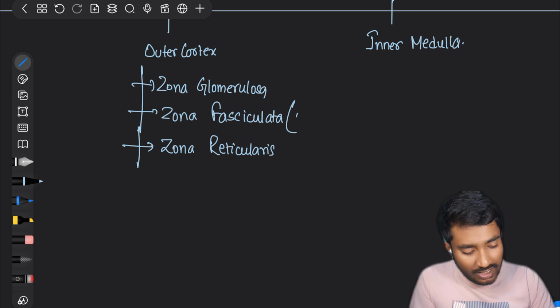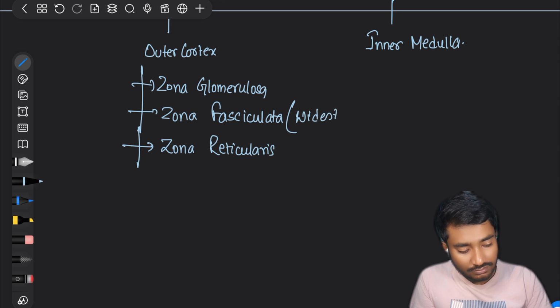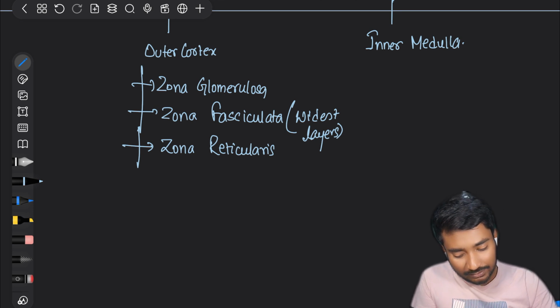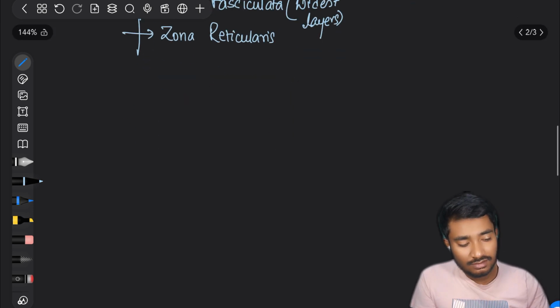Among these, zona fasciculata has the widest layer. So that is the adrenal cortex. In the case of the adrenal medulla, it has no parts.